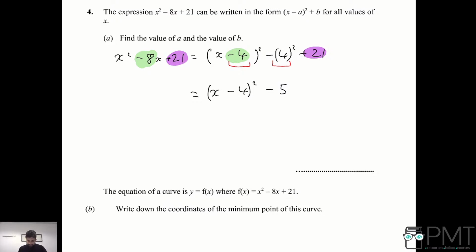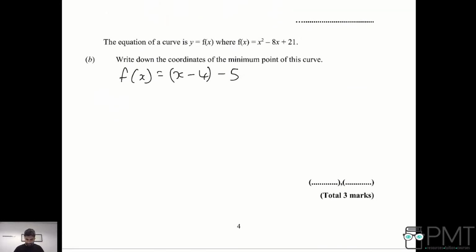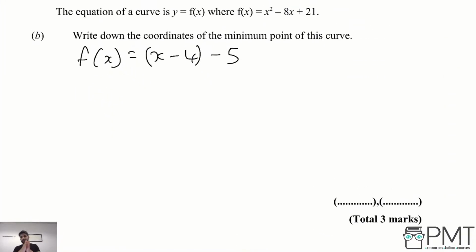So if that's the case, you can write that f of x is the same as (x minus 4) squared minus 5. Can someone tell me what the minimum point is now? Because you should think of it as a translation. Is it going to the right, left, up, down, wherever it's going? You can find the minimum point.